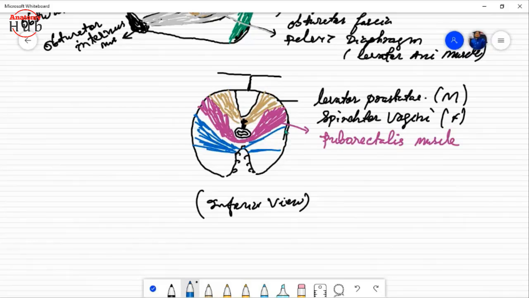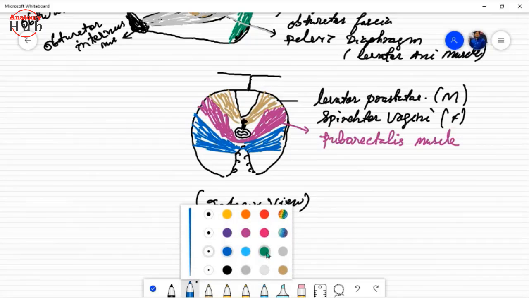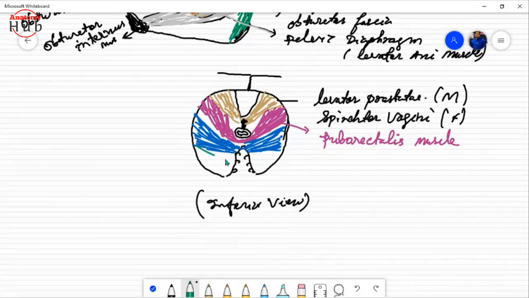This muscle is just attaching to the coccyx over here. Okay, and whatever the remaining portion left over here is actually filled by the coccygeus muscle, right? This is your coccygeus muscle.